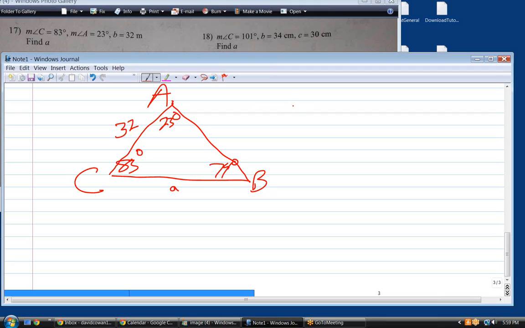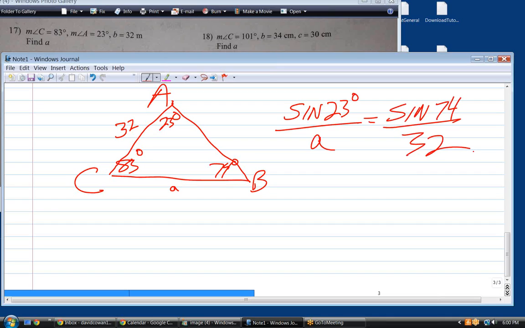I'll let you do the math, but is it sine 23 over A is equal to sine 74 over 32? There's only one unknown there. And you'll be solving directly for side A. You won't have to take any inverse sines. And that's all they ask for, but we could also solve for side C if they wanted us to solve the whole triangle using the same law of sines.